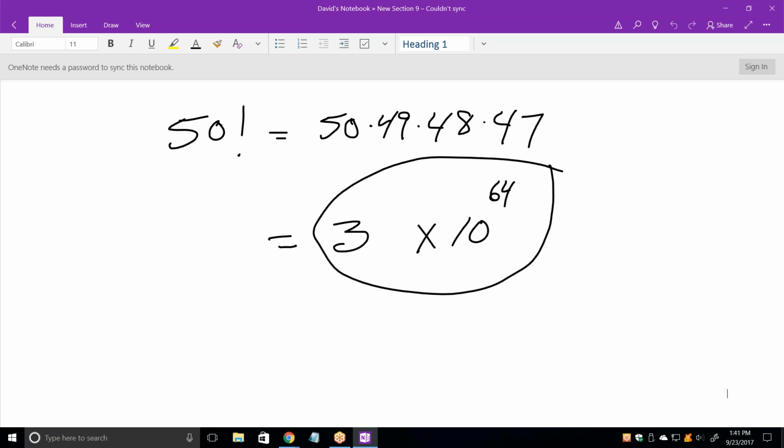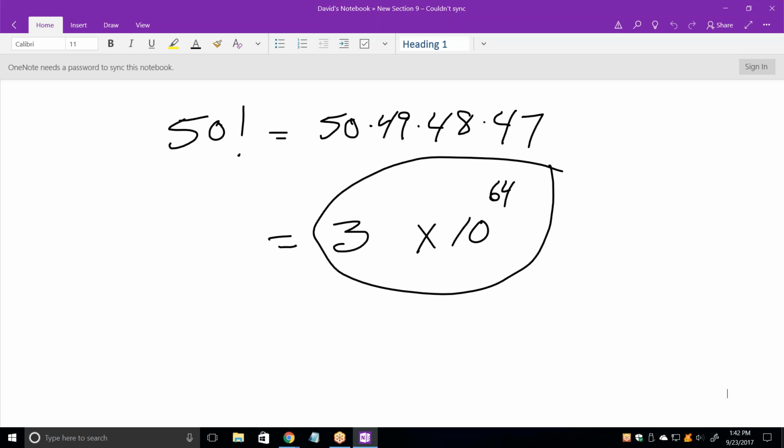That number is more molecules than are in the entire universe. There are only like 10 to the 50th molecules in the universe. Every planet, every grain of sand on Earth, every grain of sand on every planet in the entire observable universe has less molecules than 50 factorial.